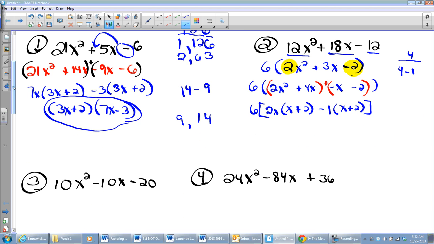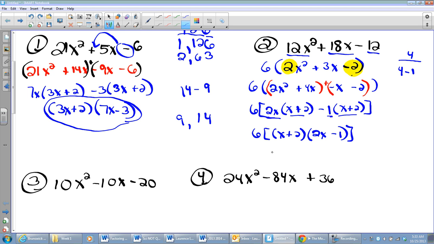So now I'm still working inside. I got my 6 out front. Okay, I'm going to have this bracket. I'm going to factor out this GCF and get an x plus 2. And then I'll be left with a 2x minus a 1.